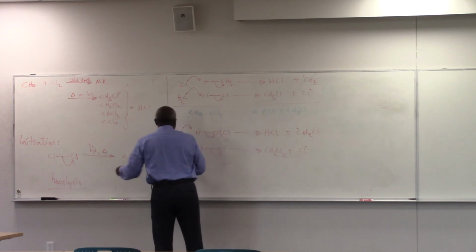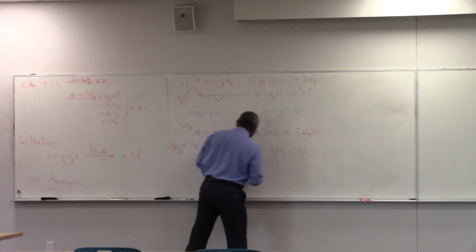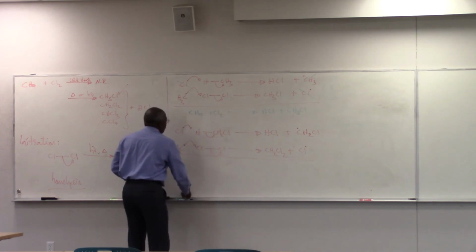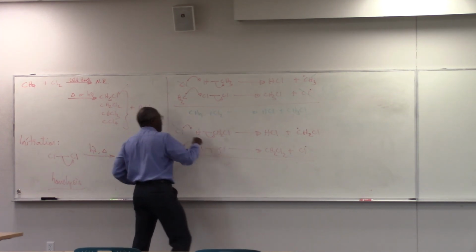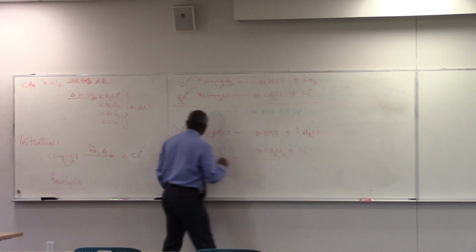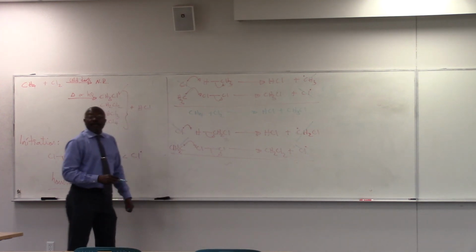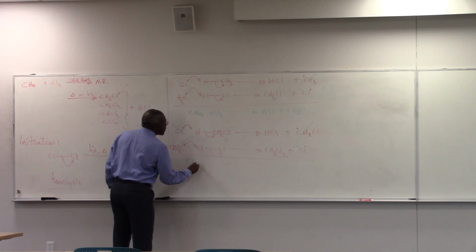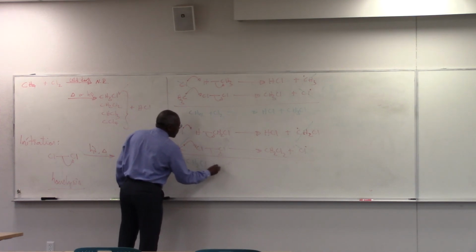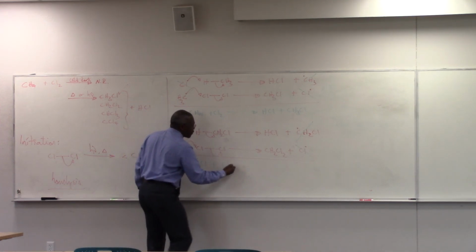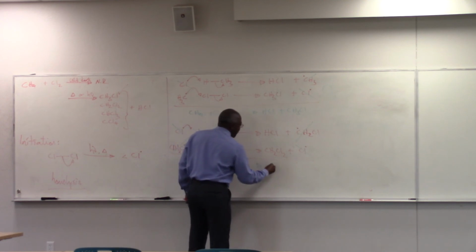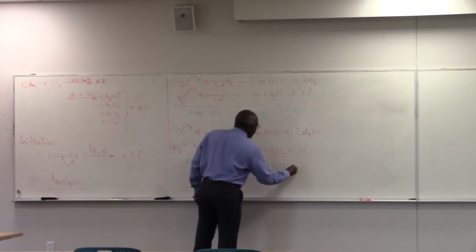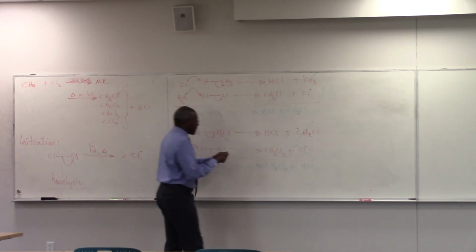And if I were to sum those two steps, so I'm going to cross out the things present on both sides, what I would get is CH3Cl plus Cl2 gives rise to CH2Cl2 plus HCl.